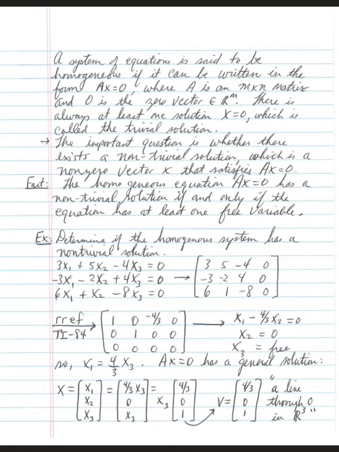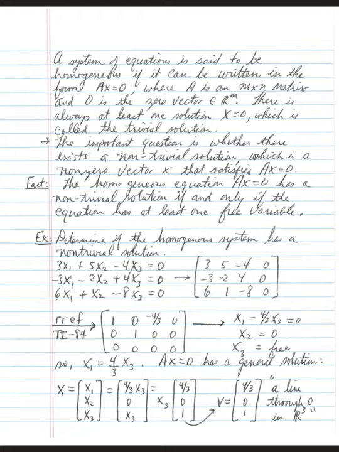That 0 vector, which will always be a solution, is called the trivial solution. The important question is whether there exists a non-trivial solution, which is a non-zero vector that still satisfies this equation.